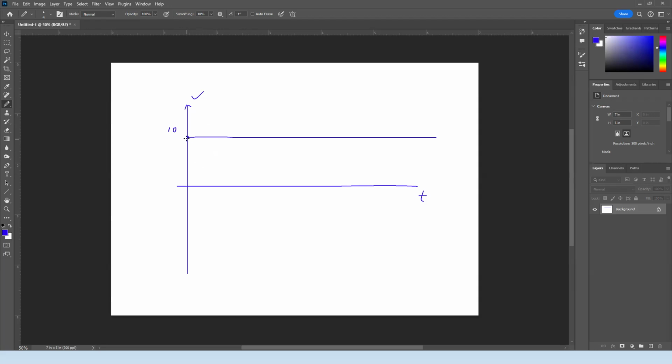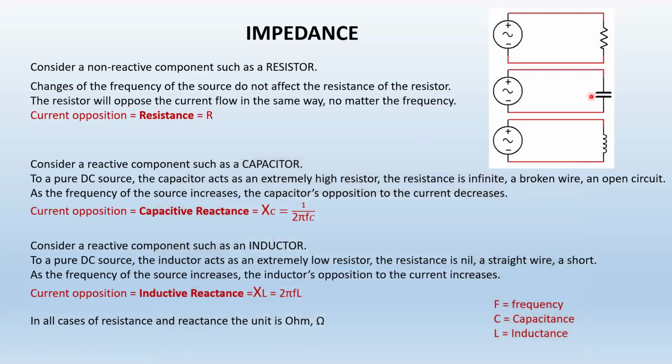Anyways, when things start moving up and down, that means we're applying some sort of frequency here. Now, it could be a low frequency, or it could be a high frequency. As soon as we have that, the capacitor starts behaving a little bit differently.